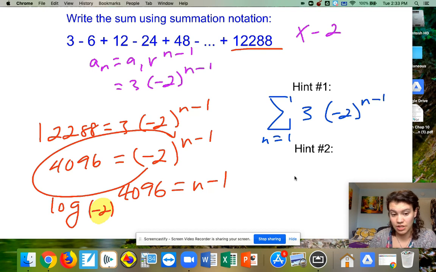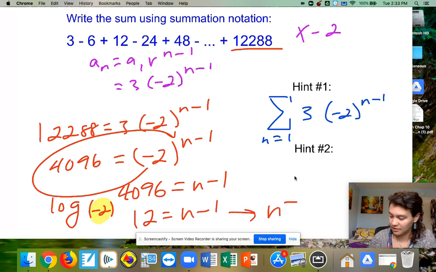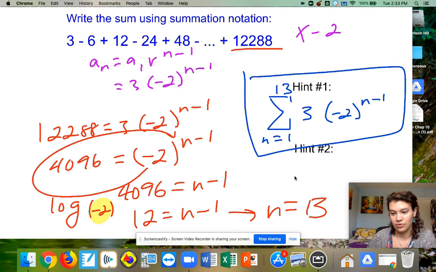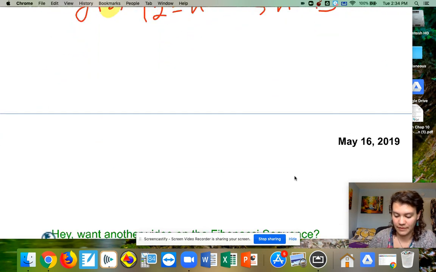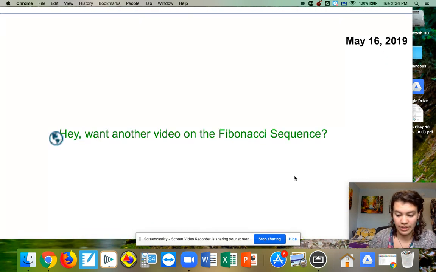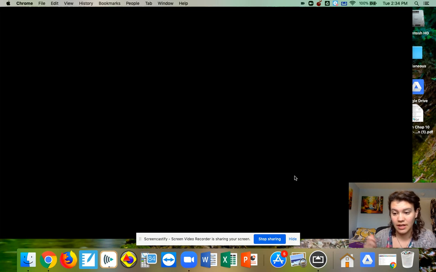So you can do change of base, log of 4,096 divided by log of 2 and get an answer, or you can type this in as it is if you have a nicer calculator. So this will end up being 12 equals n minus 1, so n equals 13. And you can put the 13 up here, and that is your formula. So again, Google videos on the Fibonacci sequence if you want, and check Schoology for your homework. And that's it.